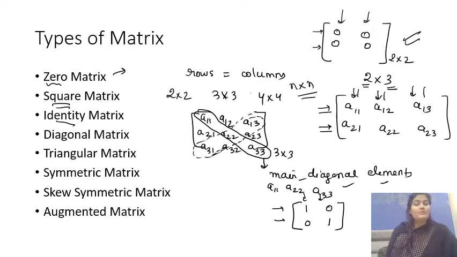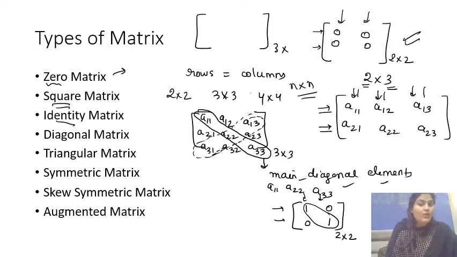So this is the matrix of order 2 by 2, and because main diagonal elements are 1, it is an identity matrix of order 2 by 2. If I have to mention an identity matrix of order 3 by 3, then all the main diagonal elements will be 1, and all others will be 0. I can also write this identity matrix as I3.